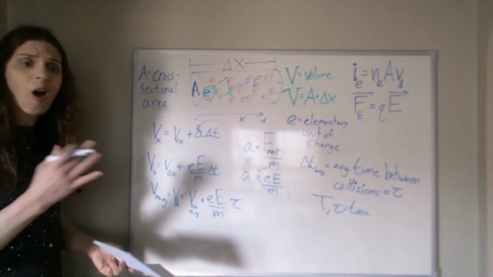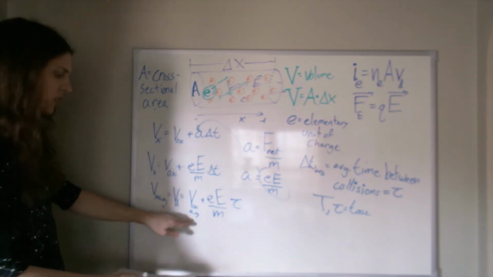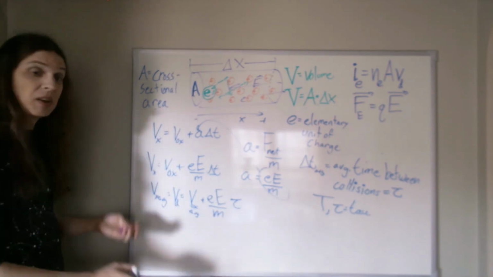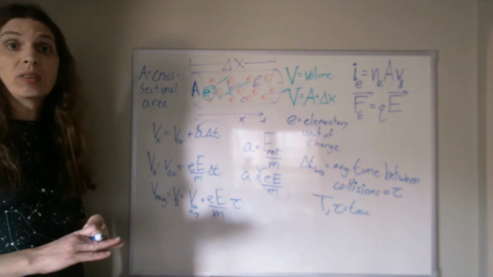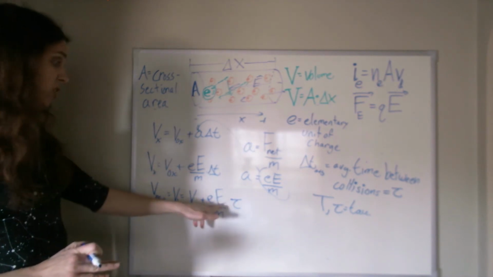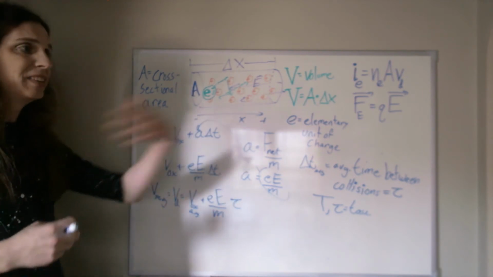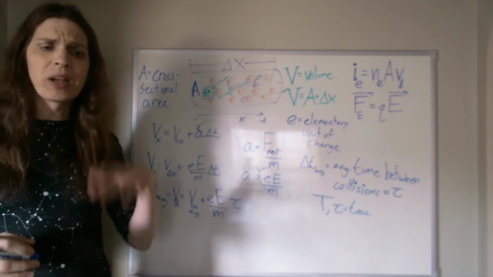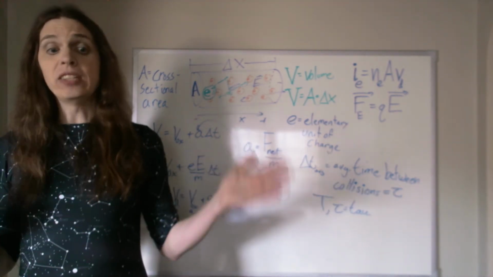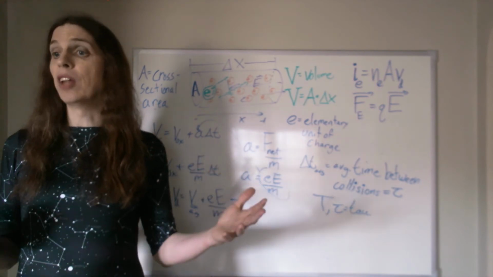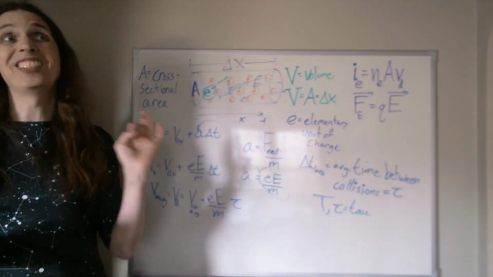And then our average original velocity, this is the average speed that these electrons have in the absence of this field. You turn the field off. And we know that, okay, they're bouncing around in here, but that's thermal vibrations. And their speeds may have some non-zero value as they're bouncing around, but their velocities don't.